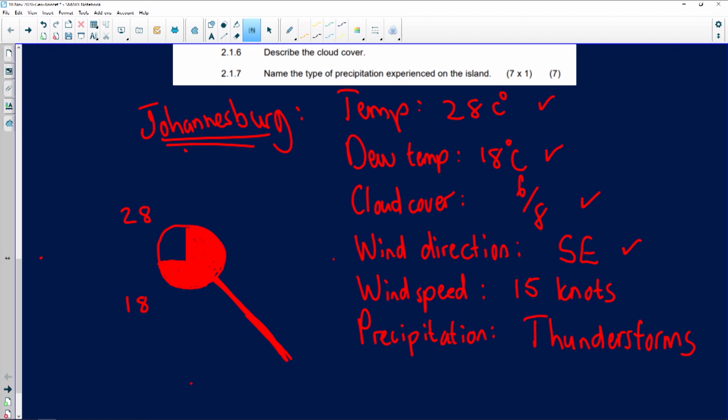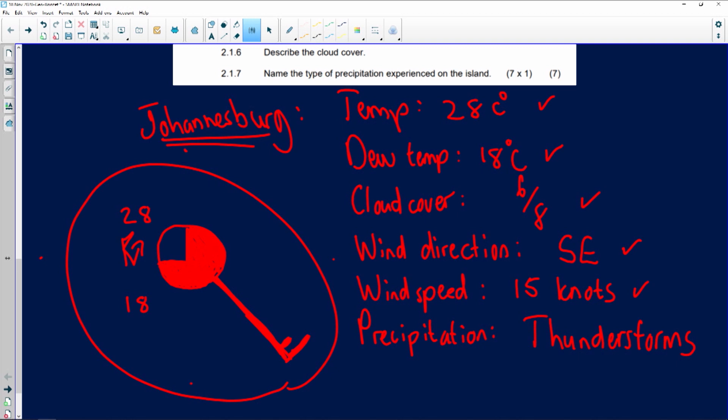The wind speed, 15 knots: one long elongated line and a shorter one. That represents 15 knots. And then lastly, we have a symbol for thunderstorms. And there you go. I've just constructed a weather station model according to the information given to us.